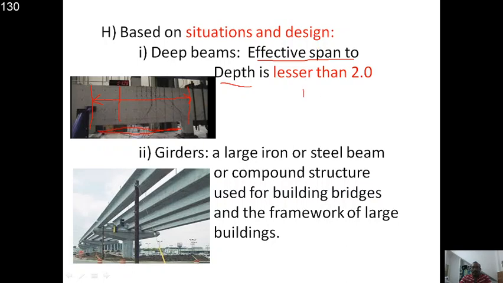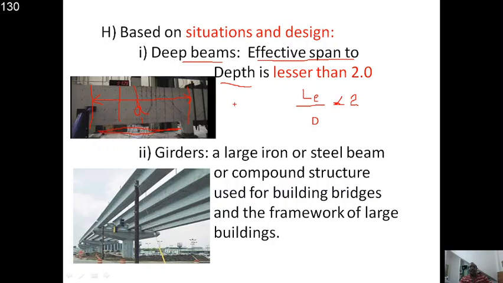So the effective span LE divided by depth, this is the total depth from this point to this end. So overall depth, I am talking about the overall depth. If I say overall depth, it should be equal to or less than 2 for a simply supported case, then it is known as a deep beam, right?